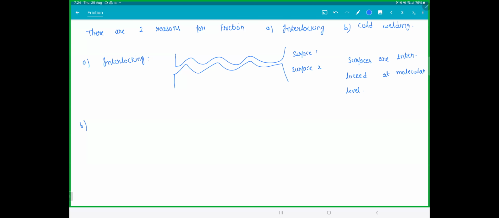The next thing is cold welding. This is the most accepted one. Both are true up to an extent. Cold welding, what happens when two surfaces are touching each other? Now, in reality, when I say my hands are touching each other, if you look at my hands, there are a lot of spaces between them, isn't it?